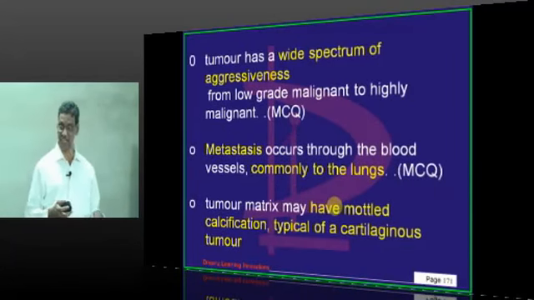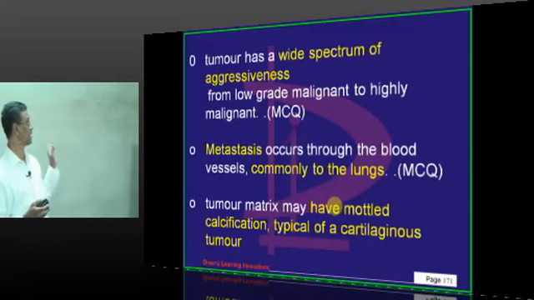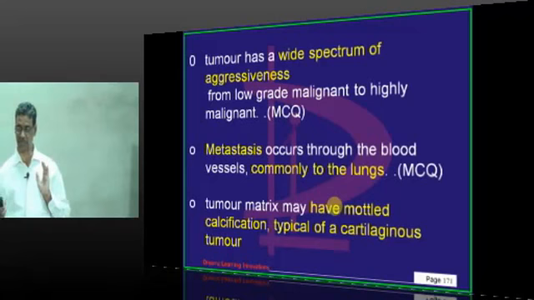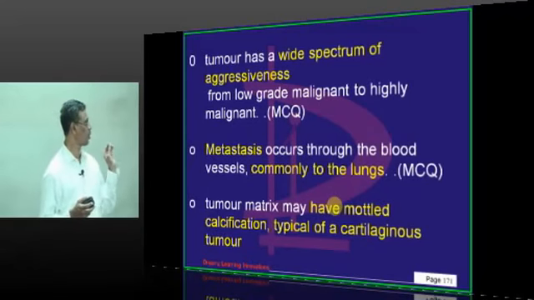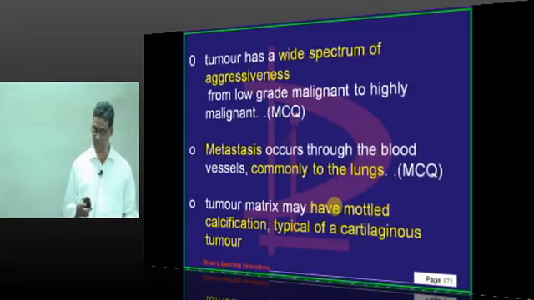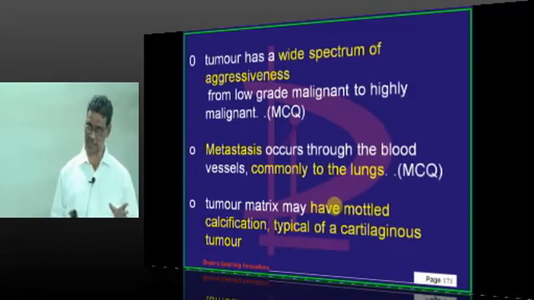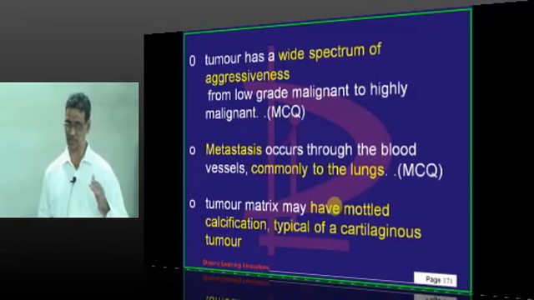The tumor has a wide spectrum of aggressiveness, from low grade malignant to very high grade. Usually it is low grade, but sometimes some of the tumors may have high grade malignancy. So you not only have to diagnose chondrosarcoma, you have to diagnose how virulent it is.